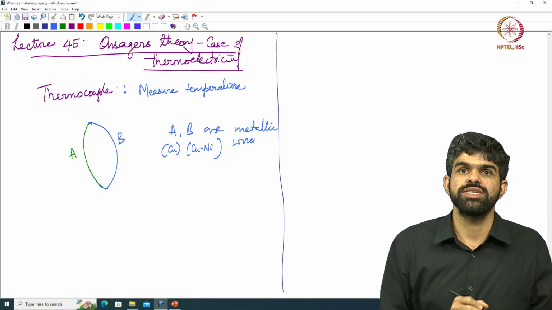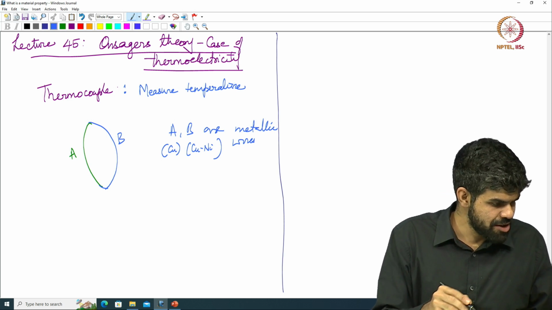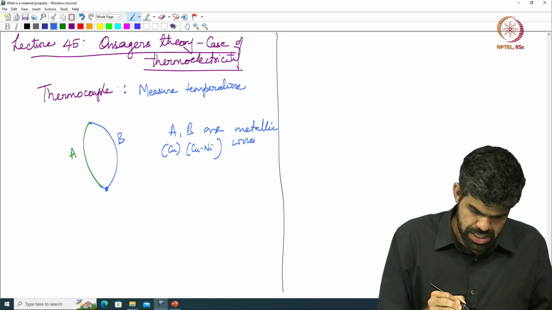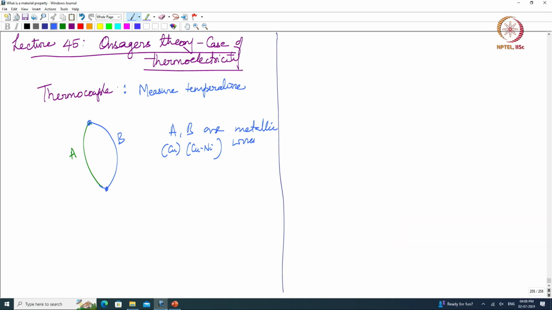So the question is, how are we going to do this? I have A, I have B. This junction is at, let's say, room temperature T, and this one is at T plus delta T, and I need to measure what this delta T is. So the two junctions are at different temperatures.